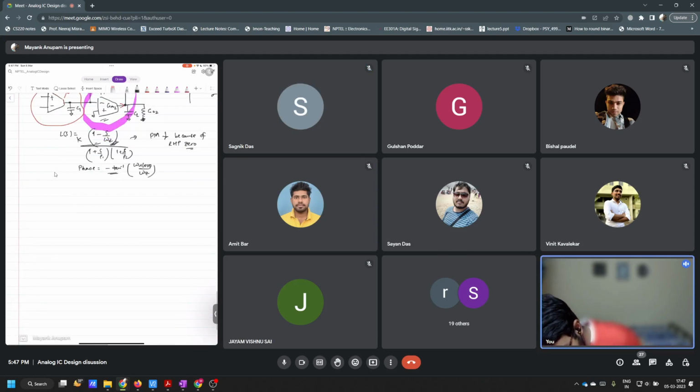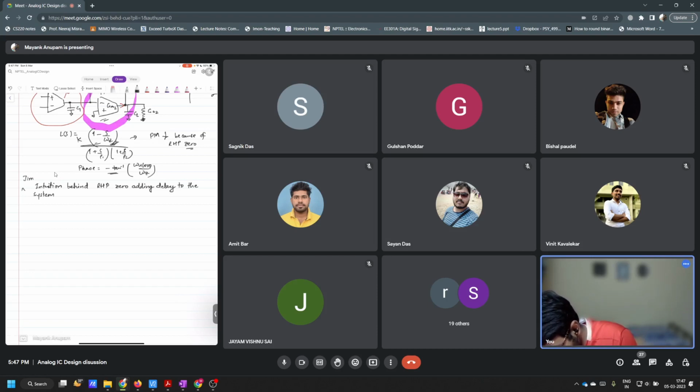Cool. So let's understand now the intuition behind the RHP zero adding delay to the system, the time domain intuition.